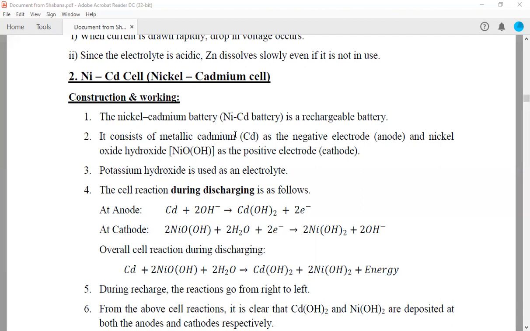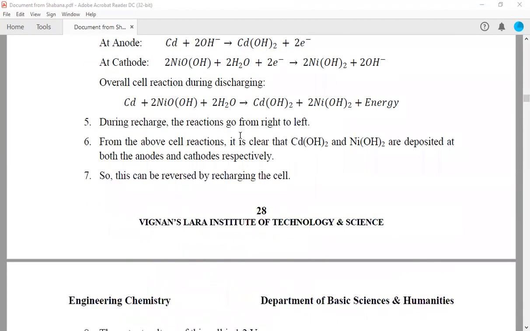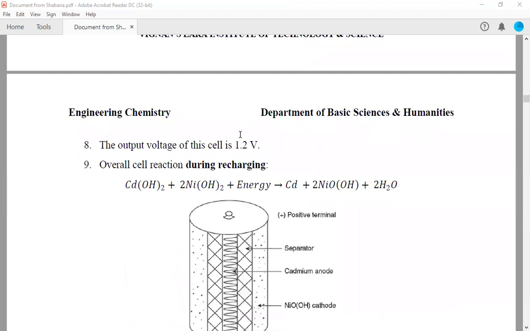That means the reaction will be reversed. From the above cell reaction, it's clear that the cadmium hydroxide and the nickel hydroxide are deposited at the anode and cathode respectively. So this can be reversed by recharging. And the output voltage of this cell is 1.2 volts.